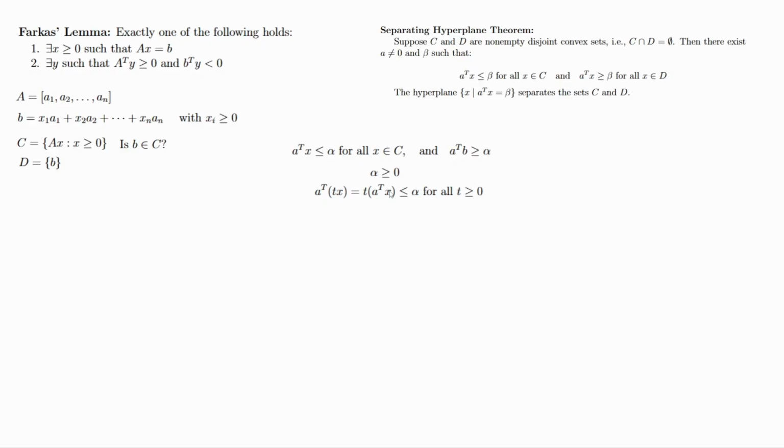Therefore, we must have a transpose x less than or equal to 0 for all x in C. So combined with alpha being greater than or equal to 0, and a transpose b being greater than or equal to alpha, we have the following chain of inequalities. We see here that a transpose x is less than or equal to 0, which is just our expression here, and 0 is less than or equal to alpha, which we find here, and alpha is less than or equal to a transpose b, which of course is here.